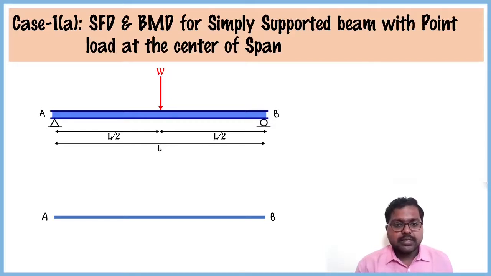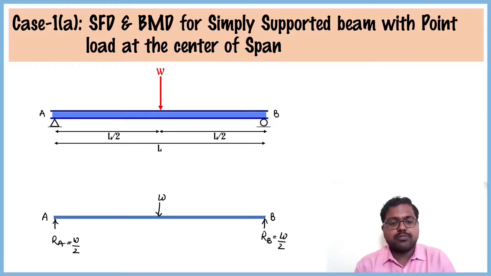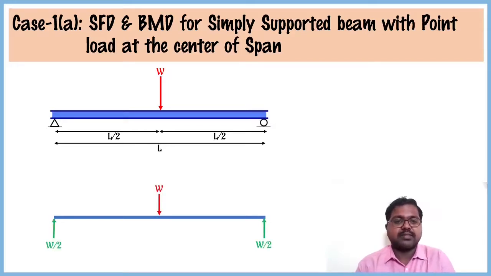So here the load is acting as W. It will be distributed equally at both the supports, that is, reaction at A and reaction at B as W by 2 and W by 2. So it will be like this.